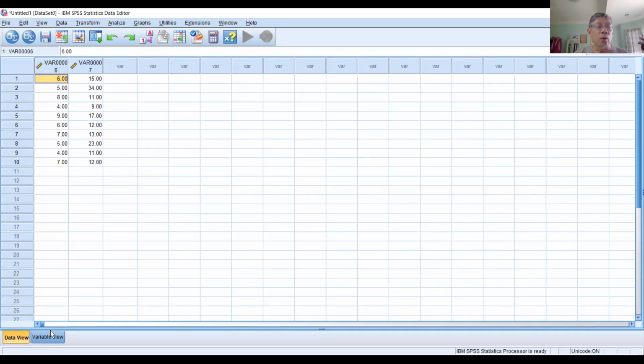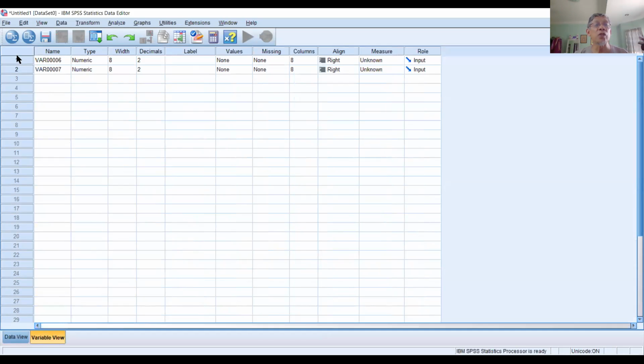Okay, now what you need to do, first of all, is define the 2 variables as X and Y. What is X? X is working environment scores. And then what is Y?